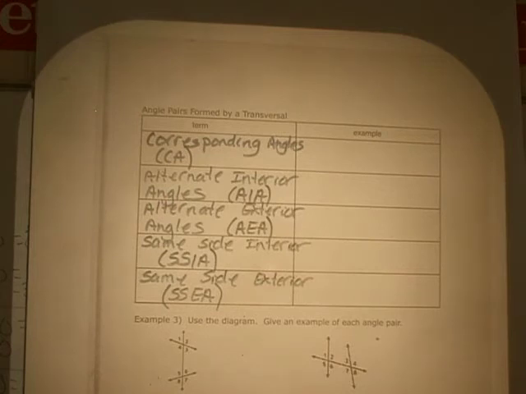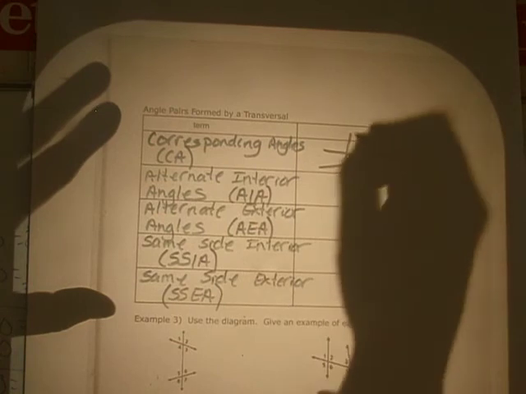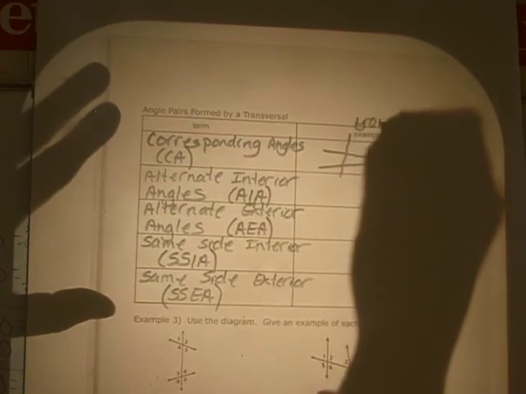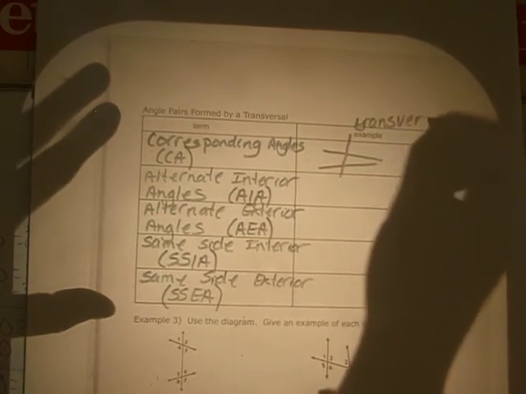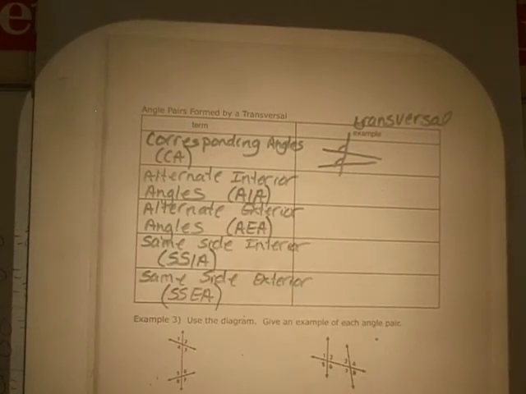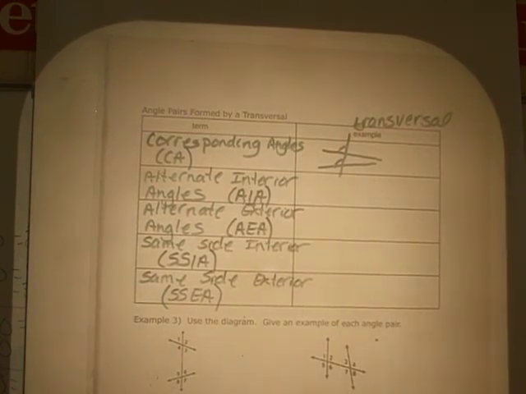Corresponding angles. Corresponding angles are in the same place. So if we have these two lines, this line that crosses it is going to be the transversal. See how those two angles are both in the upper left-hand corner?